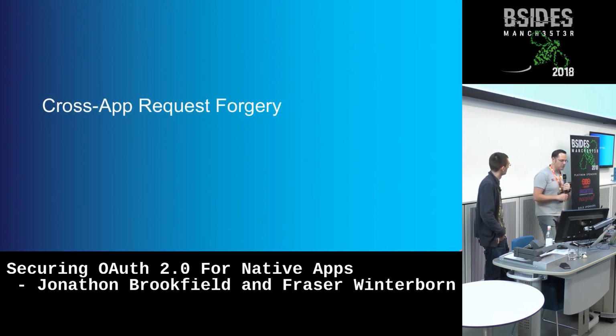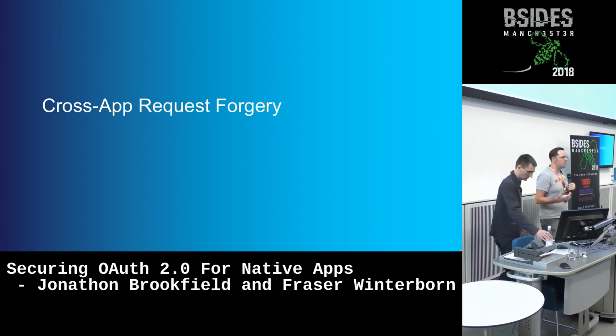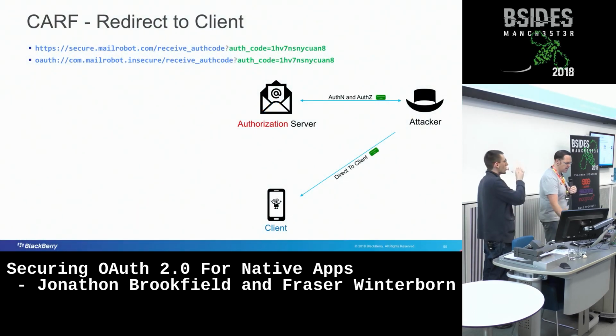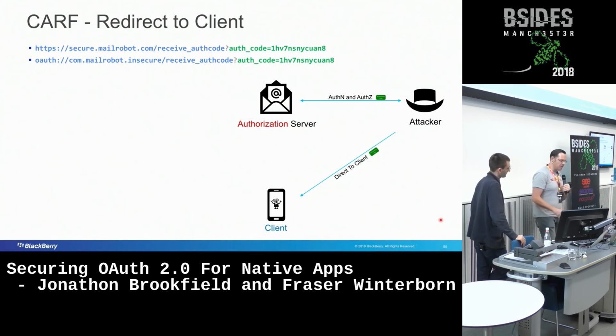So now we're going to move on to cross-app request forgery. Very similar to cross-site request forgery, but this time working in the context of native apps. So the idea with cross-app request forgery is an attacker gets an authorization code from connecting to the authorization server.